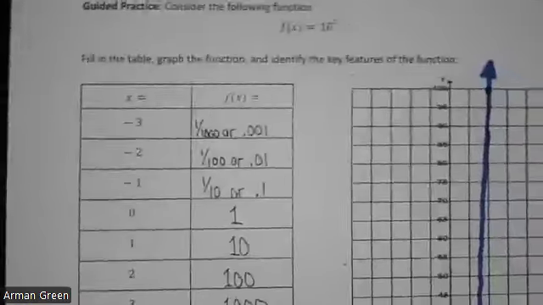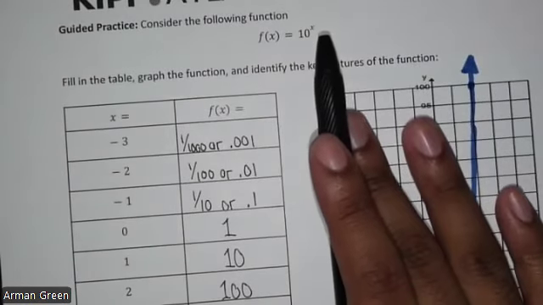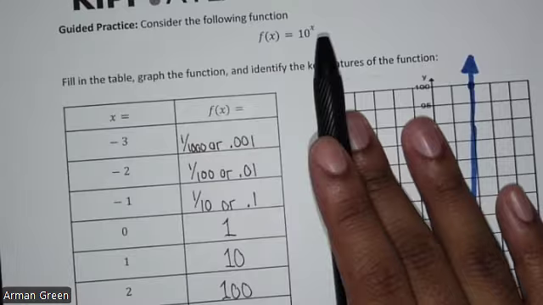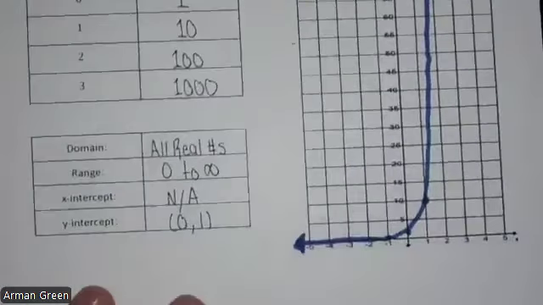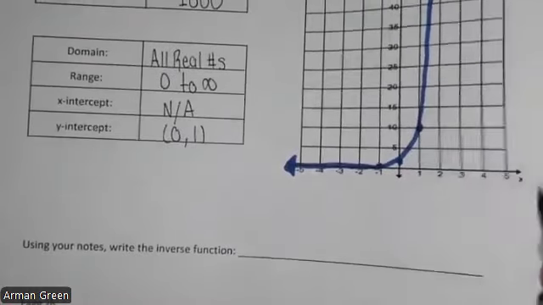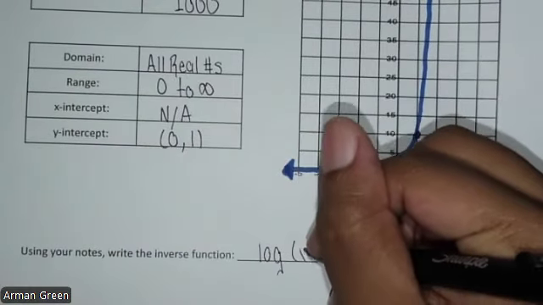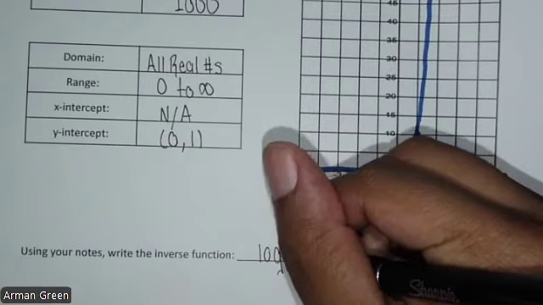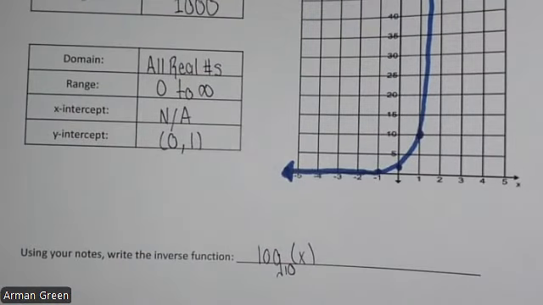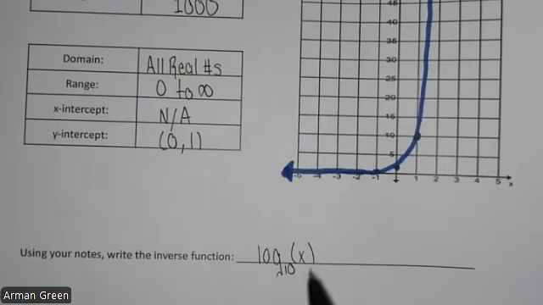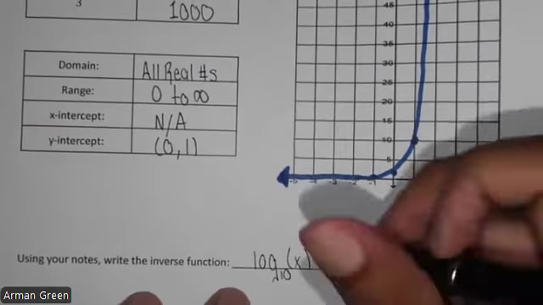In this case here, we have 10 to the power of x. So if we want to write the inverse function, what we have is the log of x, but the base is going to be 10. All right, so this is our inverse.